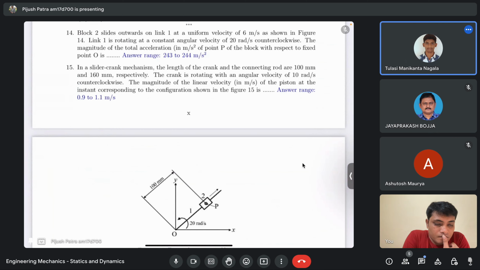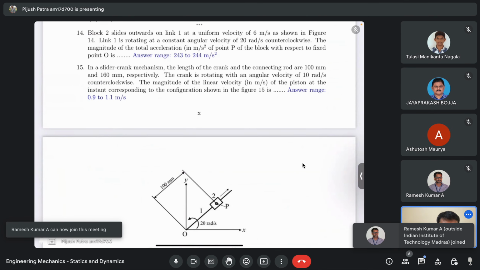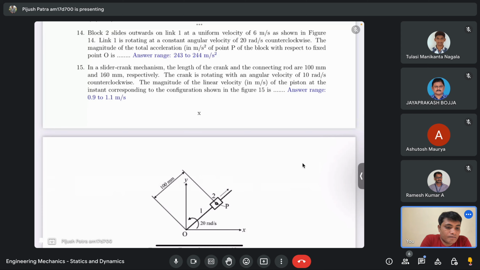Omega square R, sir. Just calculate omega square R and then calculate 2 into omega into V. So that omega is equal to 20 radian per second and V is 6 meter per second. So what is that coming?